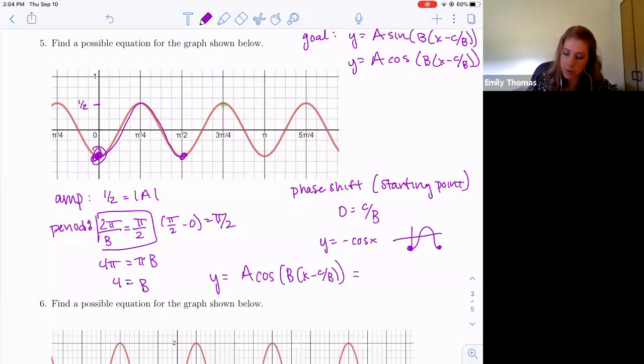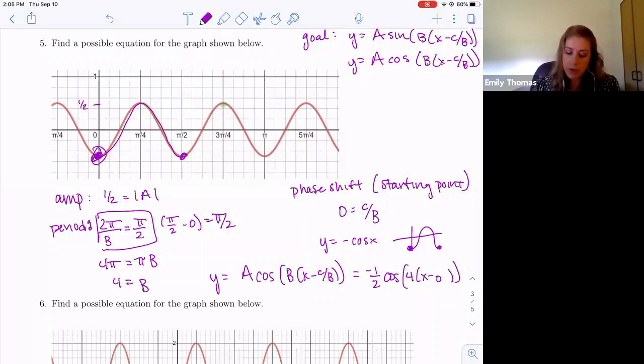And we can fill in all of those pieces. Because this starts low at -1/2, it would be -1/2 cosine of 4 times x minus 0 over 4. Or just 0 is fine. Okay, so that's one example.